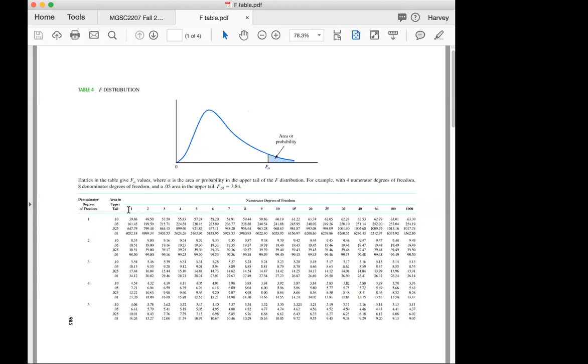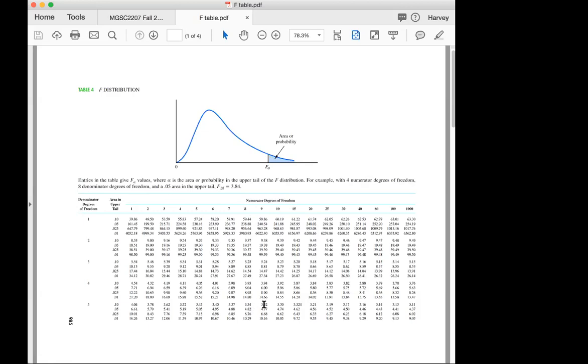The top row here is the numerator degrees of freedom, and on the side we have the denominator degrees of freedom. Say, for example, I had 8 degrees of freedom for the numerator and 5 for the denominator. Depending on what the area in the tail is, we'll get the F value.